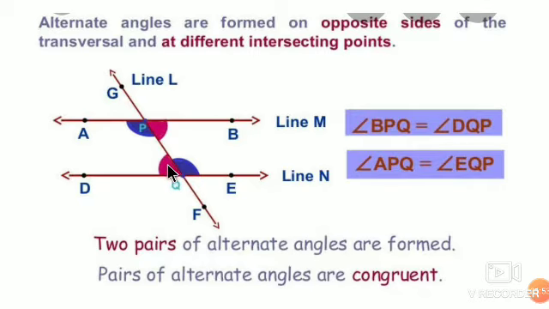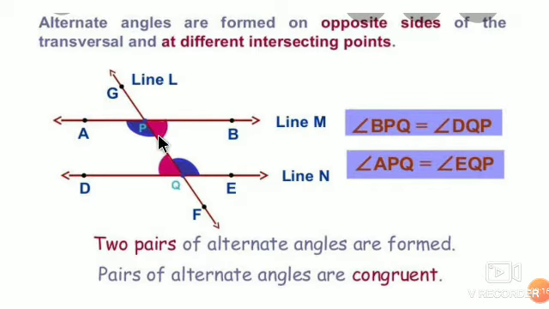Two pairs are formed here, and pairs of alternate interior angles are congruent. Here, angle BPQ and DQP are alternate interior angles, and angle APQ and EQP, in blue color. These two pairs are alternate interior angle pairs.